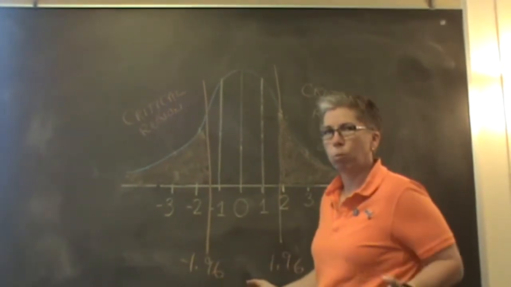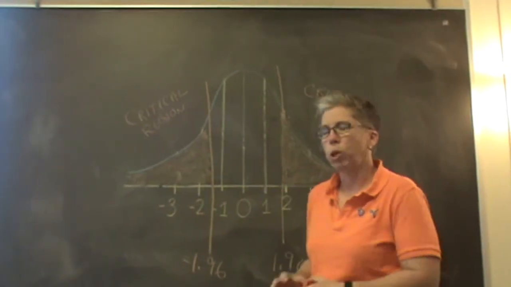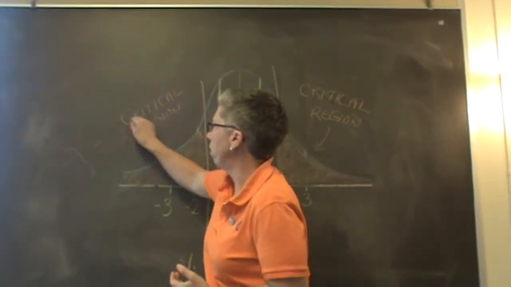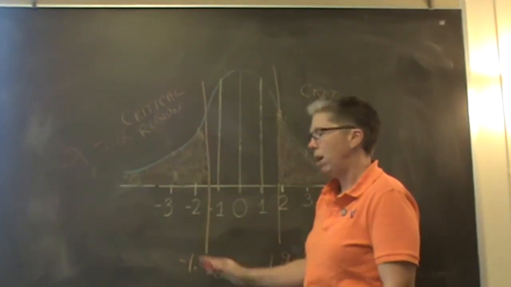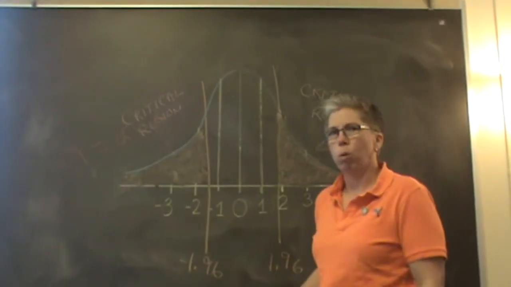The most common when using a z-test, which you've just completed, is the 1.96, which you'll recognize is associated with an alpha of 0.05. So when using an alpha of 0.05 with a z-test, we would have the critical region set with a critical value of 1.96.